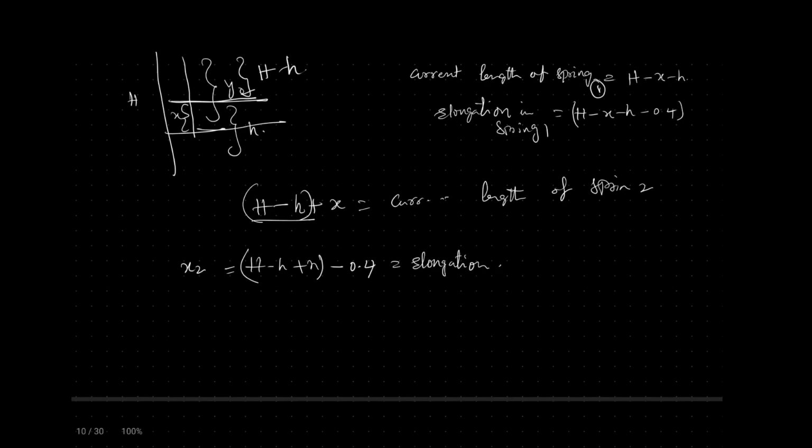So if we write the free body diagram for this one, there is f1 and there is f2. There is a normal force n1, and there is also Mg acting downwards. If we write the equations, f1 plus f2 plus n1 equals capital M into g.